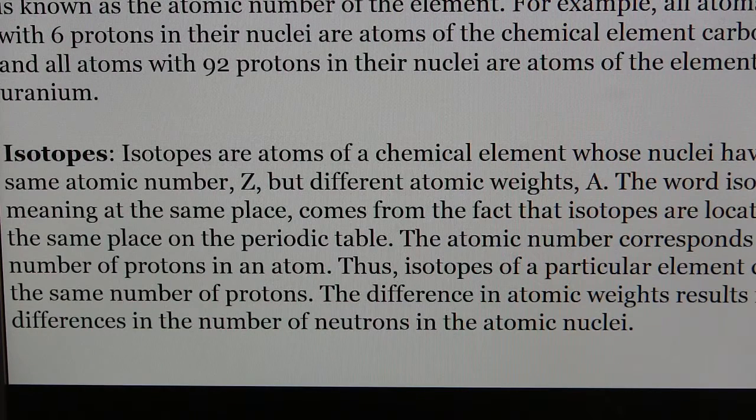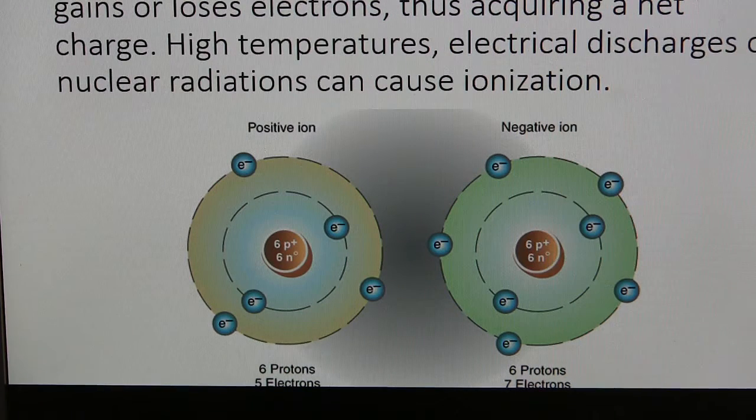But again, for right now, just realize that the definition of an isotope is that we're changing the number of neutrons in there. Okay, this is a picture of an ionization we talked about earlier. The positive ion on the left has fewer electrons. The negative ion on the right has more electrons. Again, electrons have a negative charge, so if we add more than normal, we end up with a negative charge, or a negative ion.